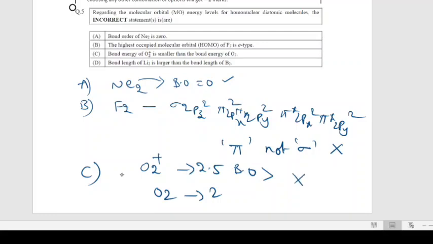What about D? In the case of option D, the bond length in Li2 is larger than that of the bond length in B2.